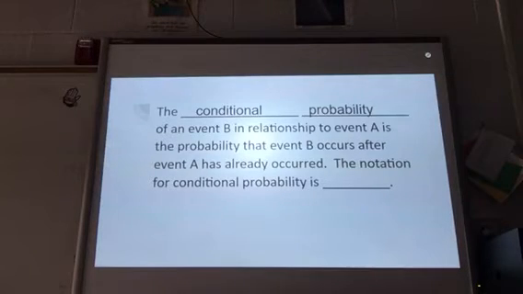Alright, conditional probability of an event B in relationship to event A is the probability that event B occurs after event A has already occurred. The notation for that is the probability of B, and you say that as "given that A."